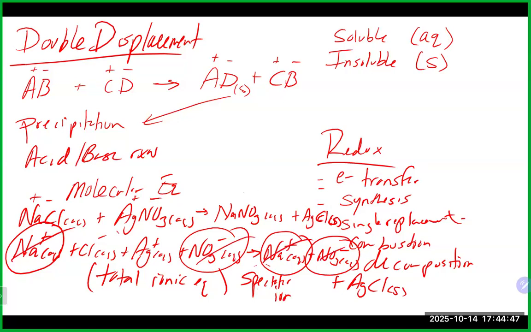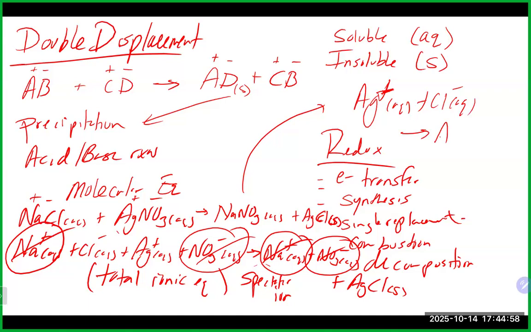And that leaves our net ionic equation, which really tells you what is happening in this case, which is the silver plus the chloride are coming together to make that silver chloride solid, and that's our net ionic equation. And again, it basically is 100% what is happening in that particular reaction. Any questions on that stuff there?